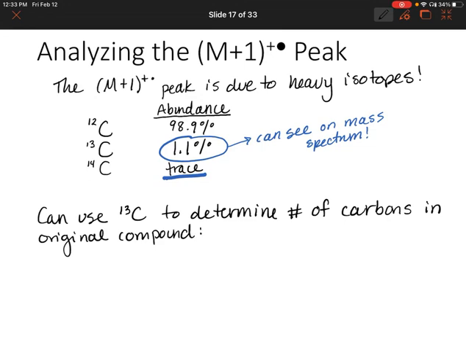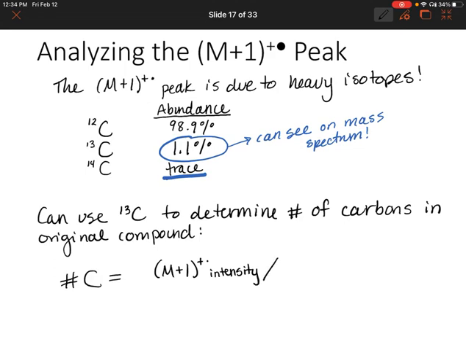All right, so how we would do this is the number of carbons in our compound will be equal to the M+1 peak intensity. So on the mass spectrum, how tall is that peak? It might be like 1.1%, maybe 2.2%, depending.